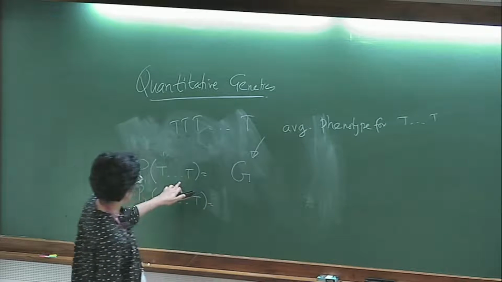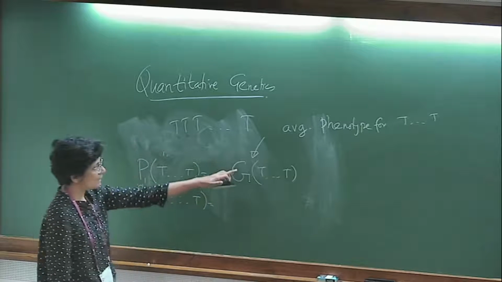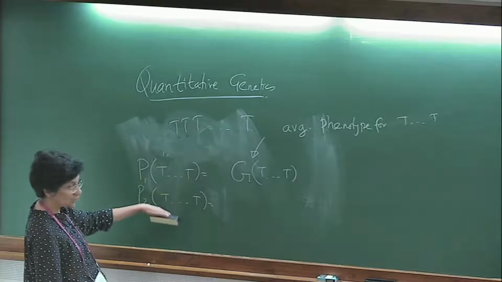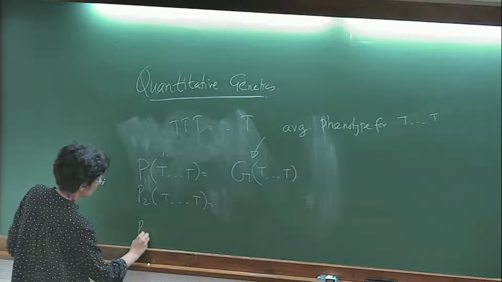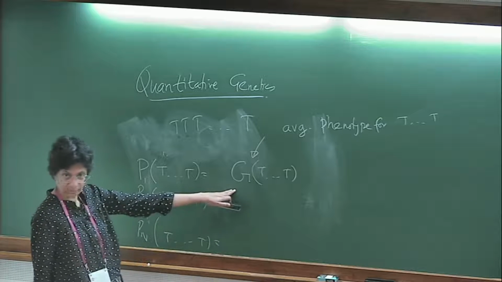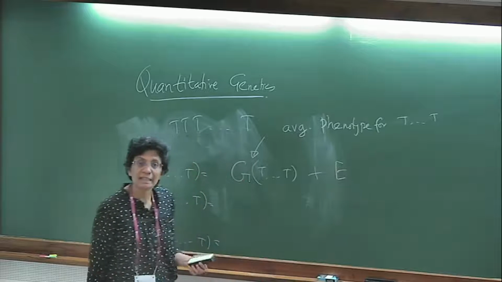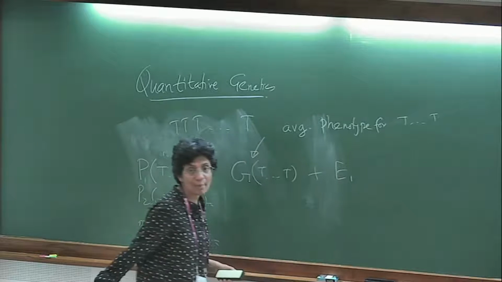So this is G of T, T, T, T, which is the same as the average over P1 plus P2 plus P3 up to Pn. That's what G is, plus something E, which is the environmental deviation.